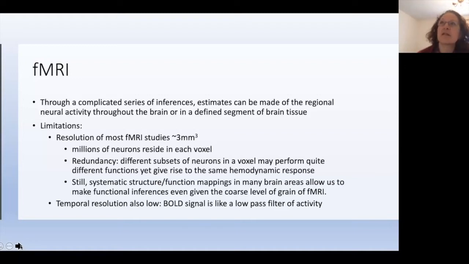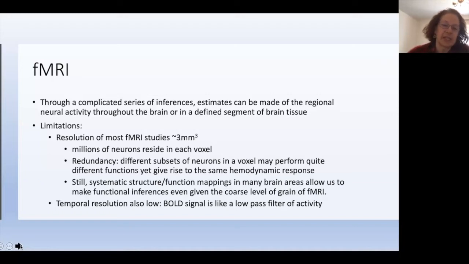And so even if there's not a one-to-one mapping between activity levels and computations in the brain, you can still make inferences about function, given that there are these systematic structure function mappings. Okay, so there are limitations in spatial resolution, but not limitations that are so bad as to obviate any usefulness of this kind of technique.